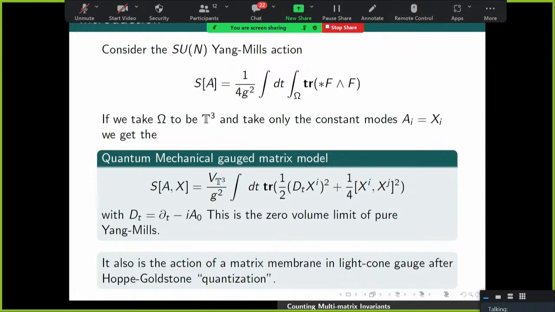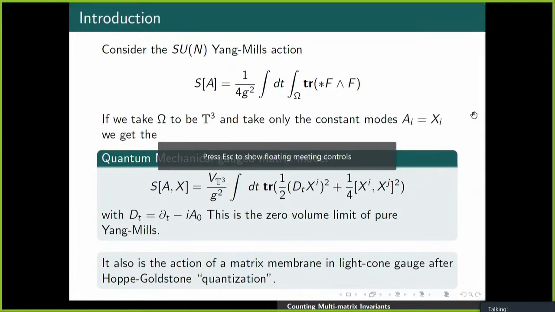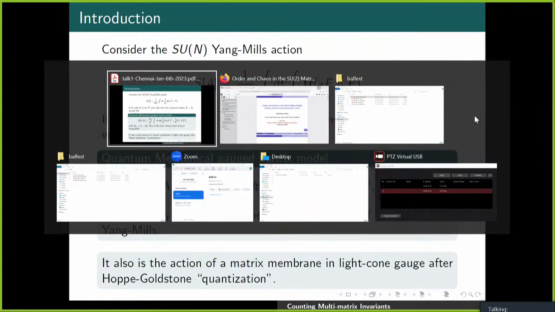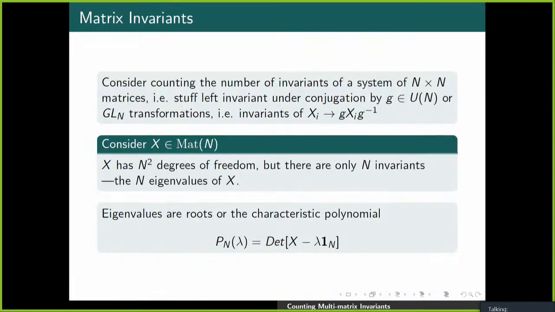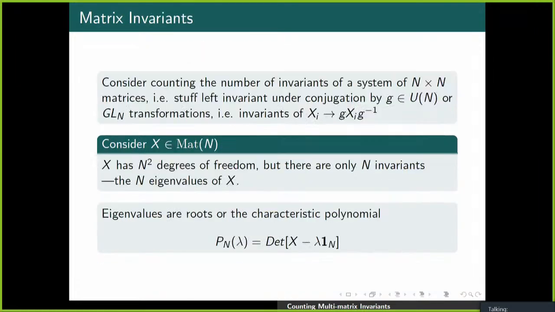It's freezing. Zoom is capturing it or something, is it? Okay.